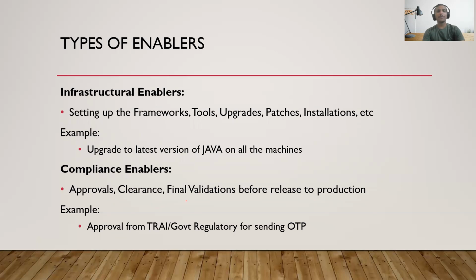So those types of things, the approvals, final validations, authentication, if the teams or someone from the organization has to work on it, we can categorize it as a compliance enabler.